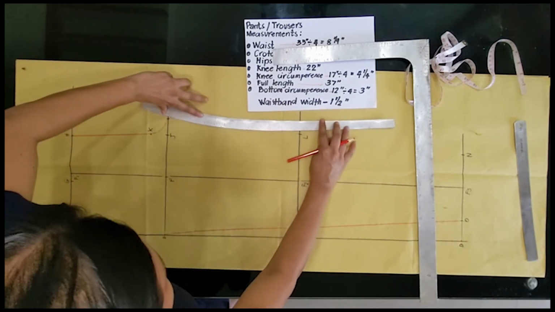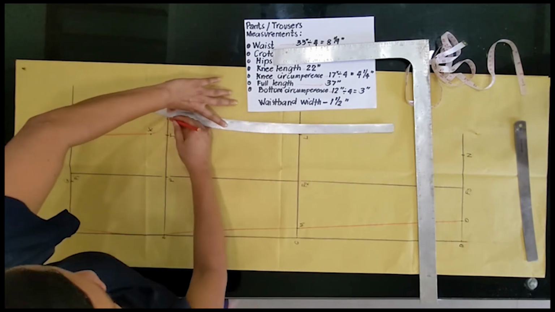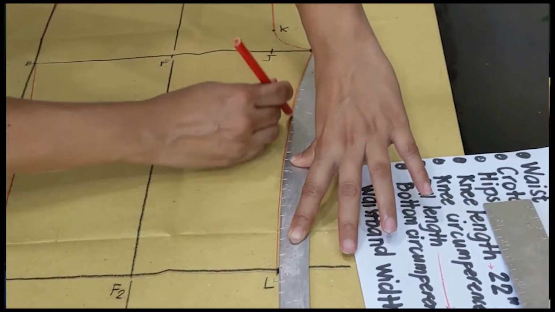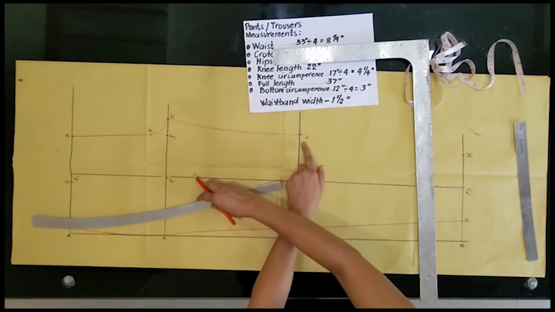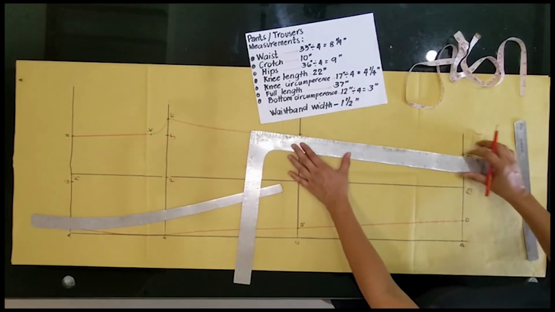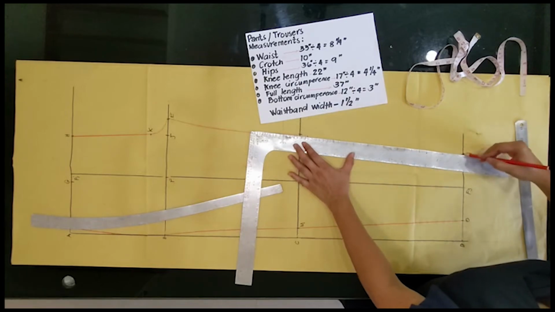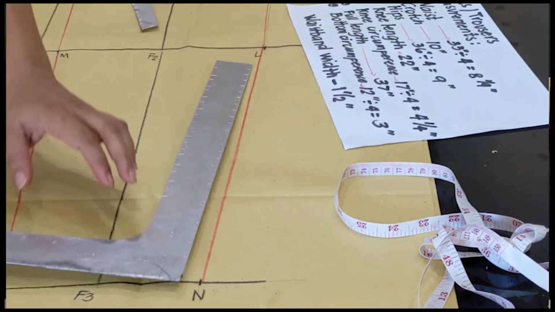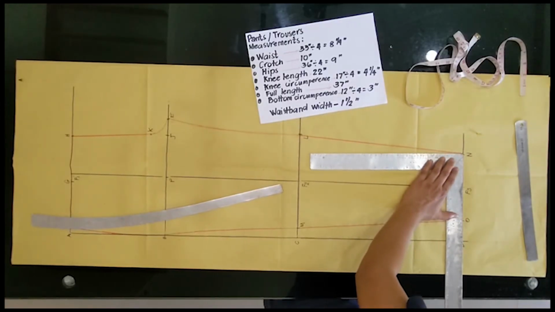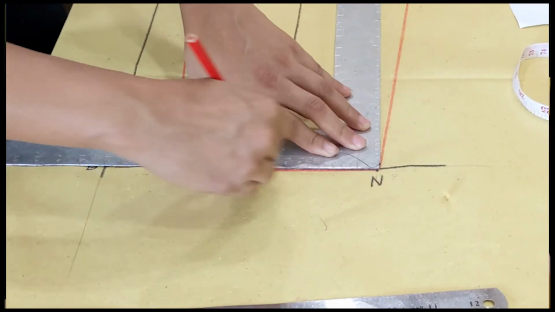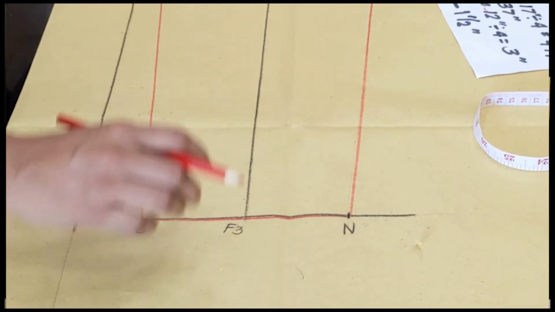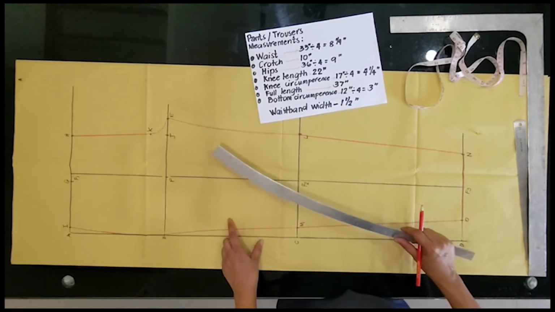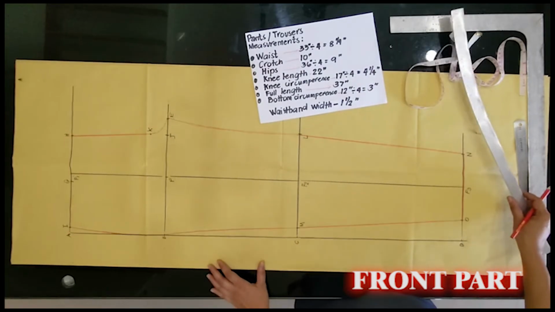Okay, from E to L. Okay, so next we have to connect L and M with a straight line or close part. So let's move on.